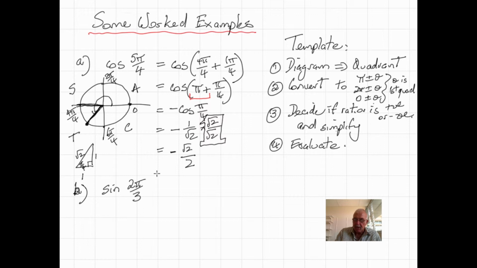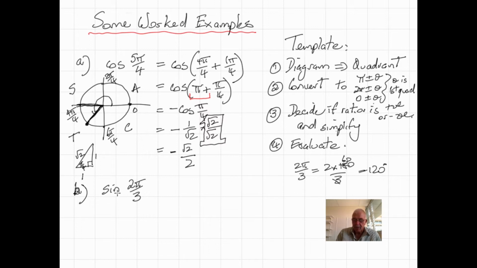You know that pi is 180, so 2 pi on 3 is equal to 2 times 180 on 3, so that goes into 180 60 times, so 120 degrees. So you would use the same template even if you're in degrees. Instead of pi here, you'd use 180, etc.